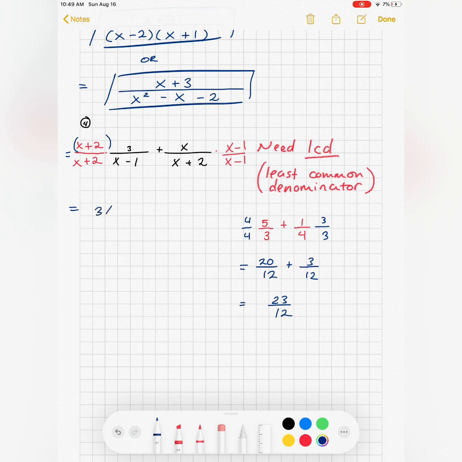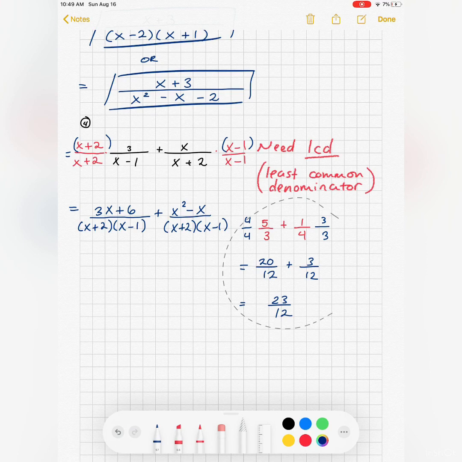So I would go ahead and distribute that 3. So that'd be 3x plus 6. And then just leave that denominator factored. Go ahead and distribute the x. So that looks like x squared minus x.